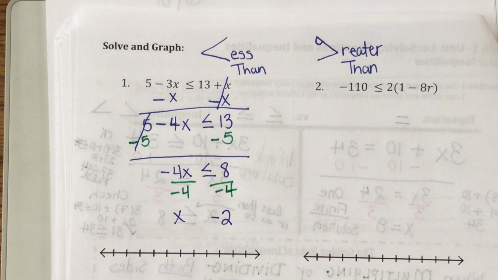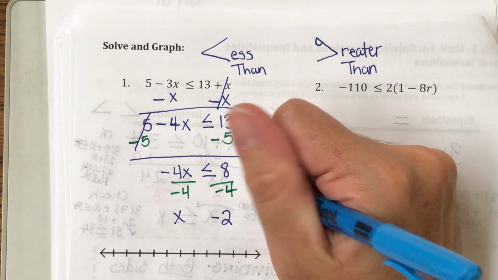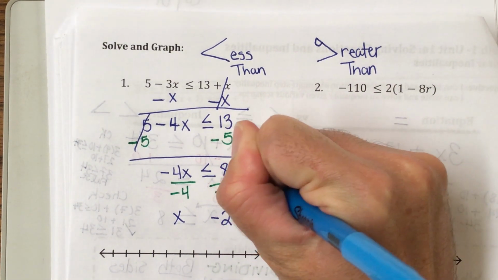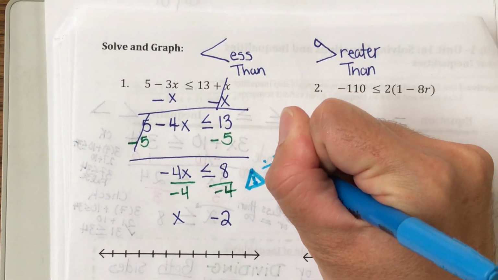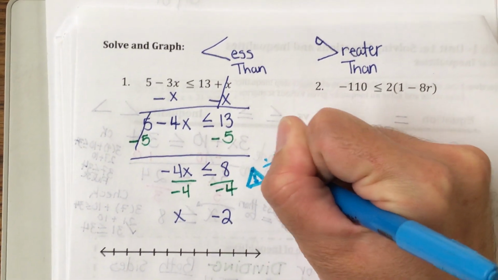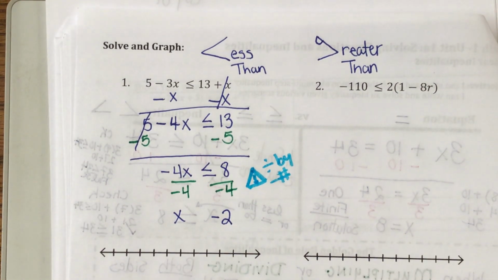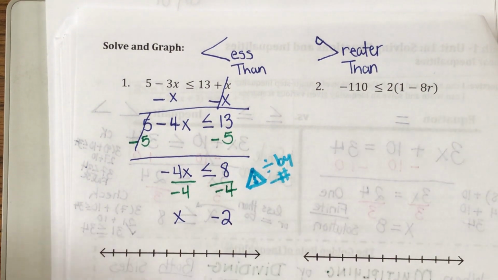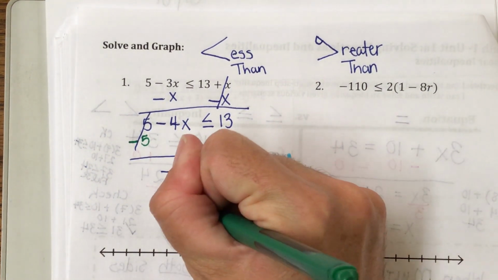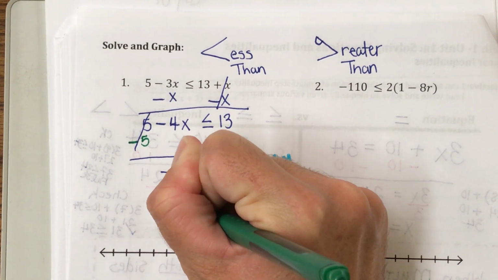But now if you remember, so I'm going to draw my little caution symbol. I'm dividing by a negative number. So if you remember, when you divide both sides by a negative number, you always want to switch your symbol. So instead of it being a less than or equal to, this is going to be a greater than or equal to.